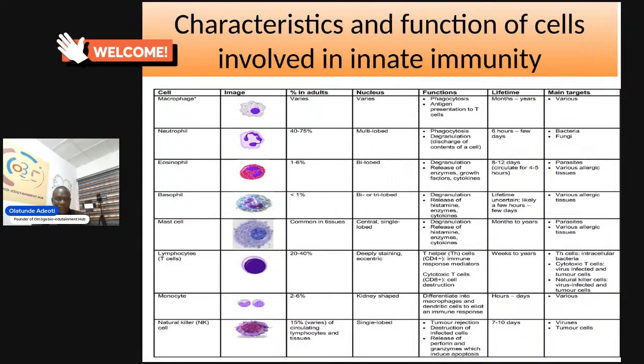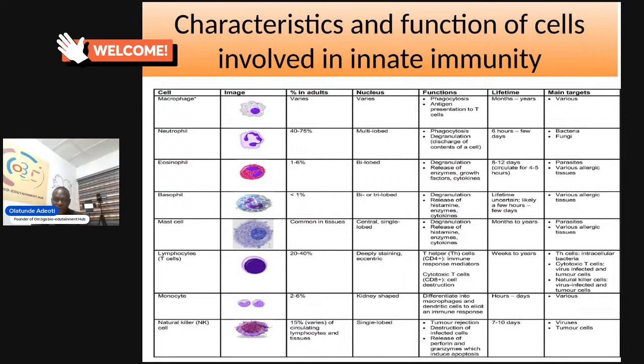Then we have the lymphocytes, especially the T lymphocyte, which accounts for 20 to 40%, and it is deeply staining, and it has eccentric nuclei. You can actually see that the nucleus is very deep, as if it is just the nucleus. You will see that it functions as T helper cells, that is CD4, which is the major target for HIV.